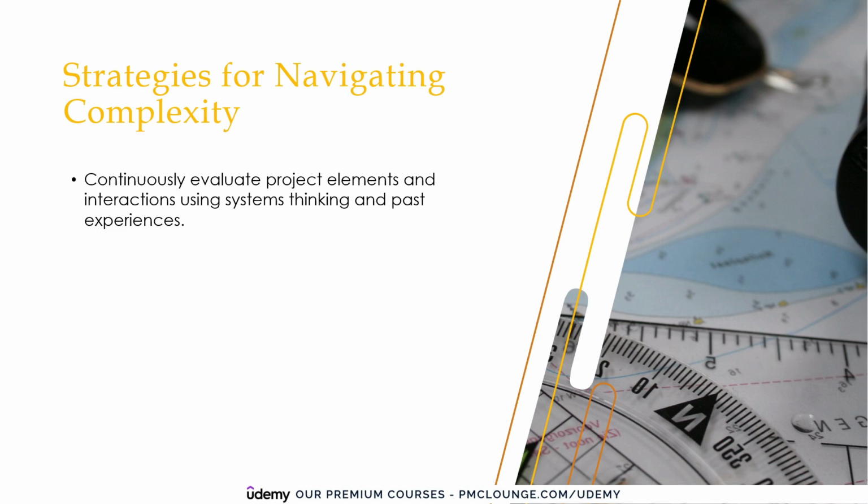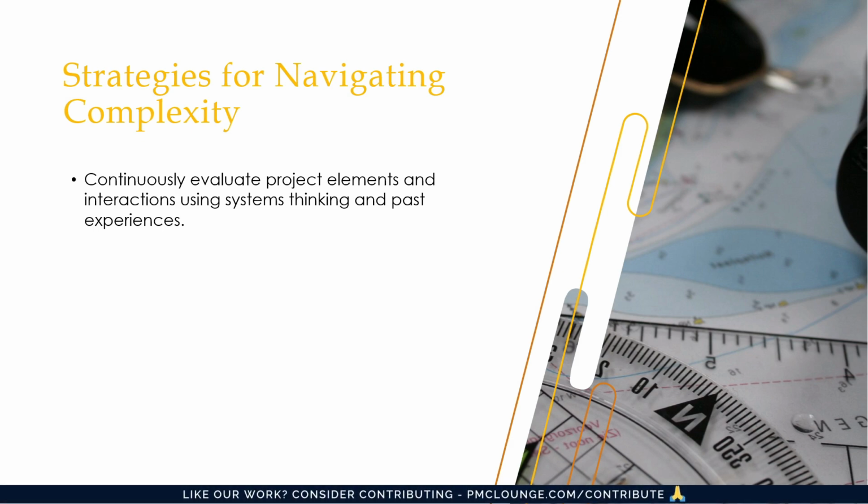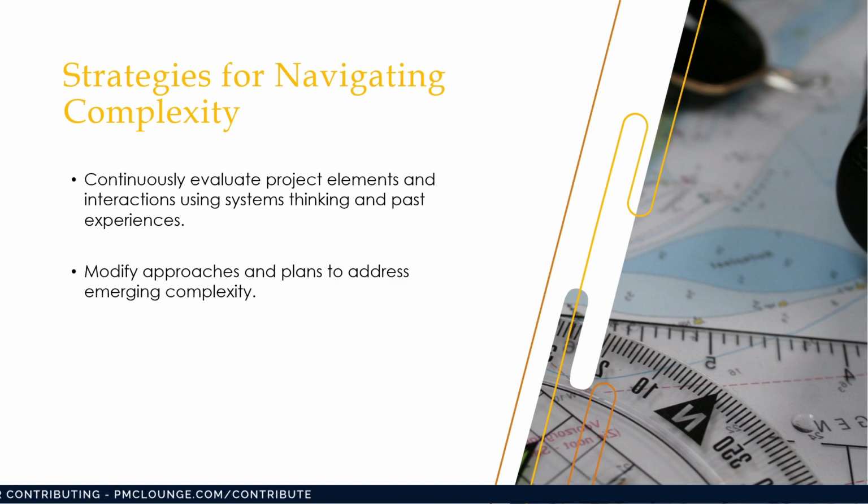Drawing on past experiences and lessons learned further equips teams to anticipate potential challenges. So, when we say continuously evaluate project elements and interactions using systems thinking and past experience, this is what we are talking about.